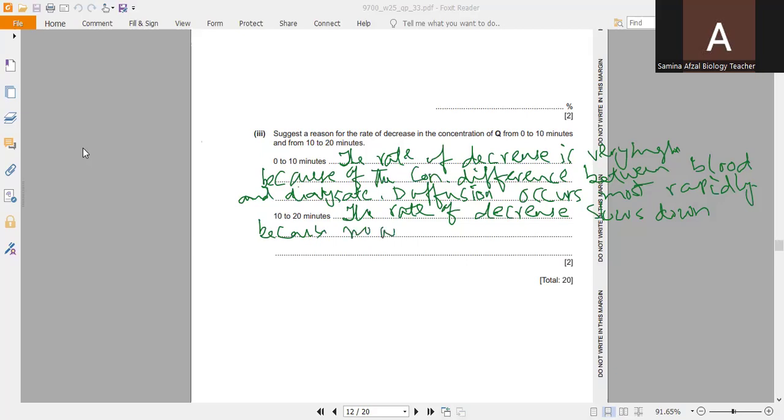Because now the concentration gradient has become less steep. So when the steepness is low, the rate of diffusion will also become low.